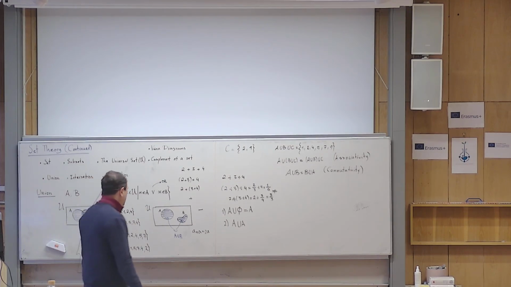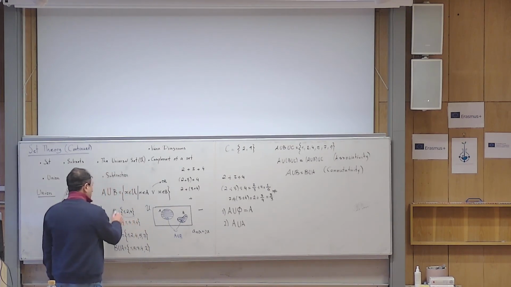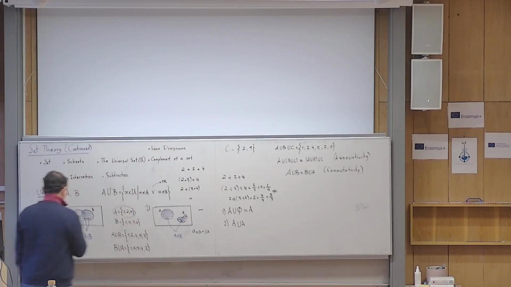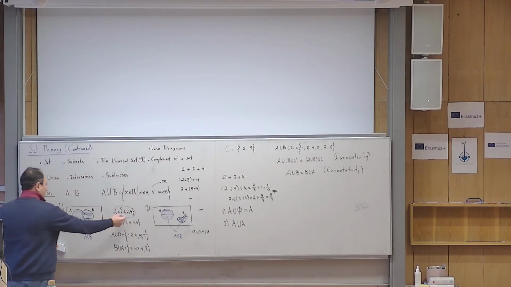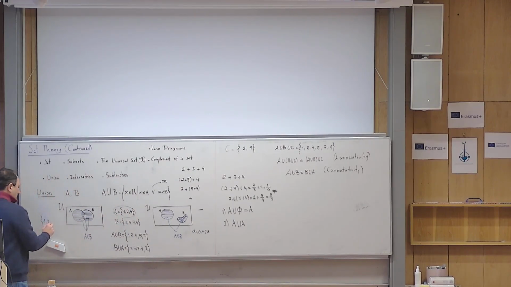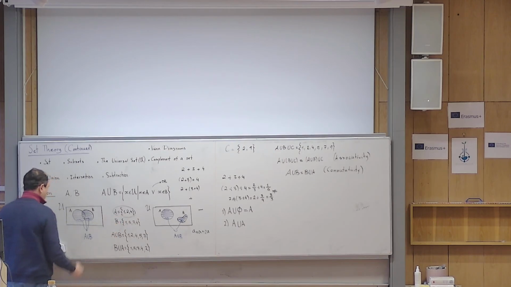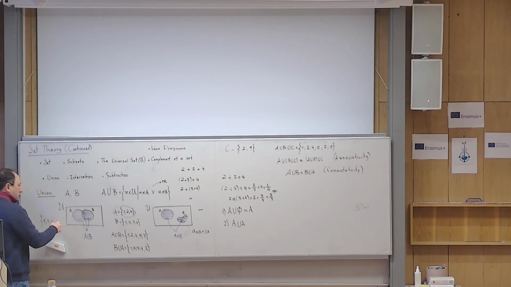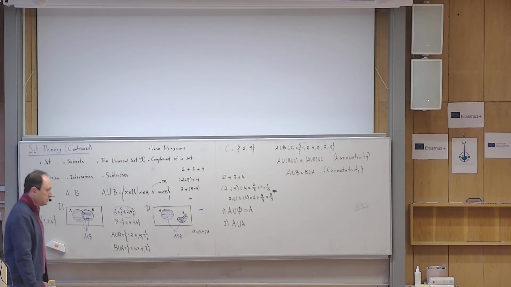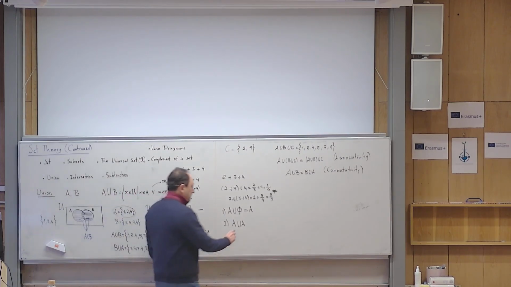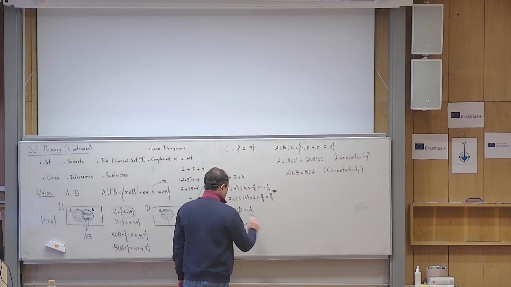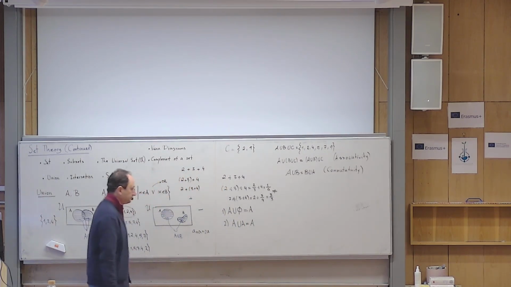Why? Because I open curly brackets, write the elements of the first one, and then I want to append the elements of the second one, which is the set itself, but I am not allowed to repeat anything. Because every element is already there, I close it. So the union of every set with itself is the set itself.